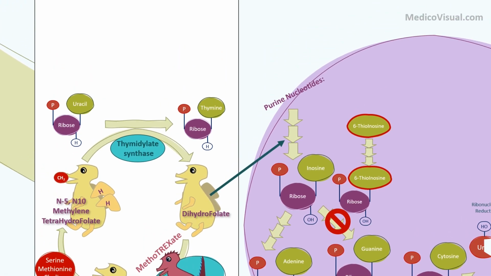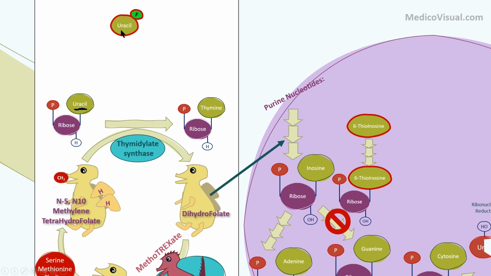Then there is another drug, that is 5-fluorouracil. Now this 5-fluorouracil resembles the nucleotide base uracil. It is formed by an addition of a fluorine group to uracil at carbon number 5.